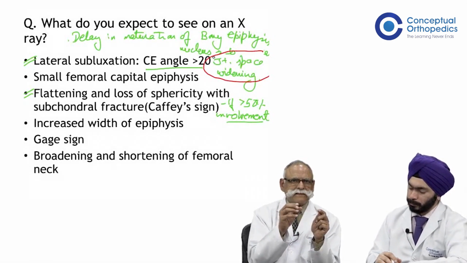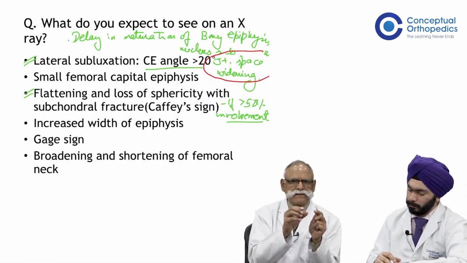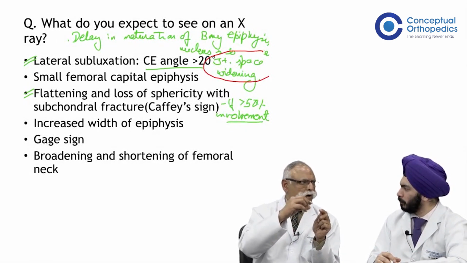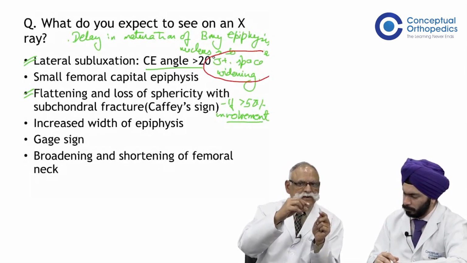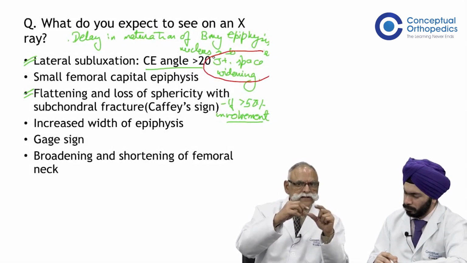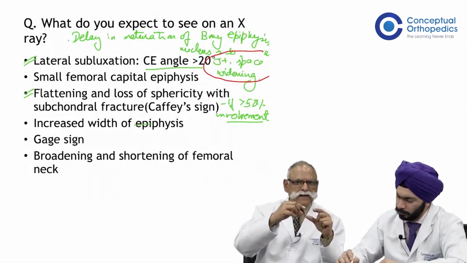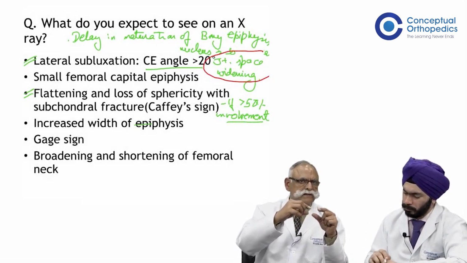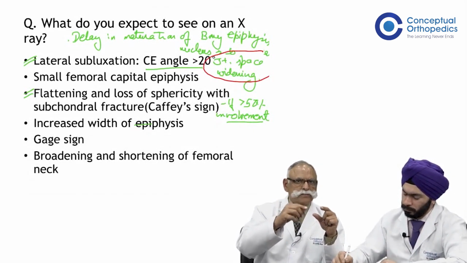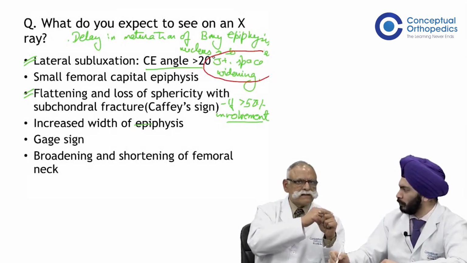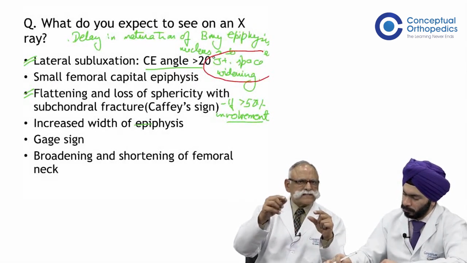and there would be increased width of the physis, not the epiphysis, the physeal plate. The increased width will be noticed, and there could be multiple cystic areas. They are in the advanced stage.